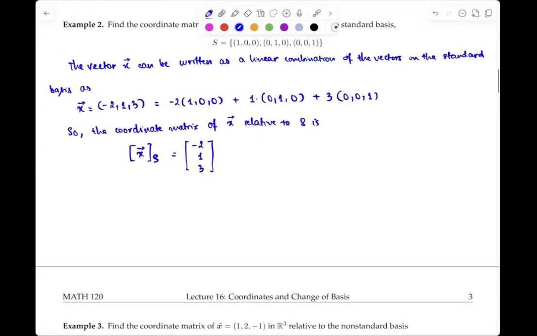So therefore, you can conclude something here. The components of x are the same as its coordinates relative to the standard basis.